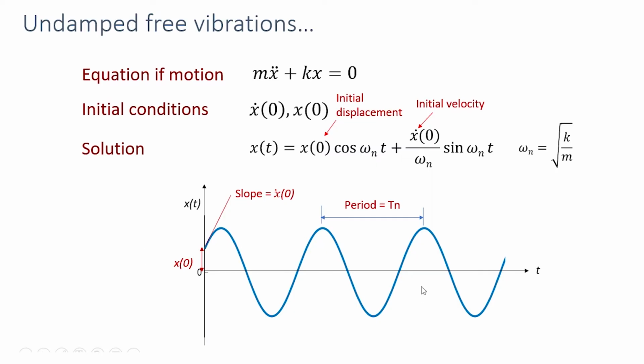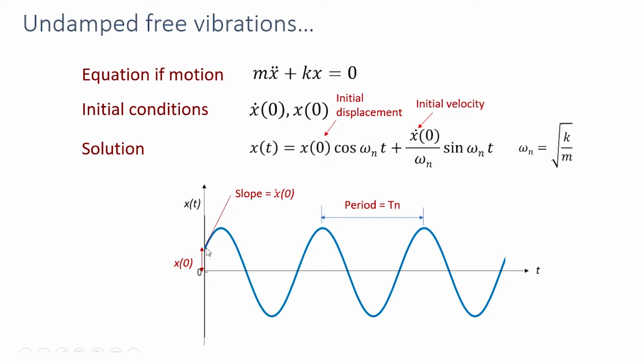So we can plot the displacement. This is how the displacement of the single degree of freedom system looks. Whatever values we have assumed as initial conditions are seen here.